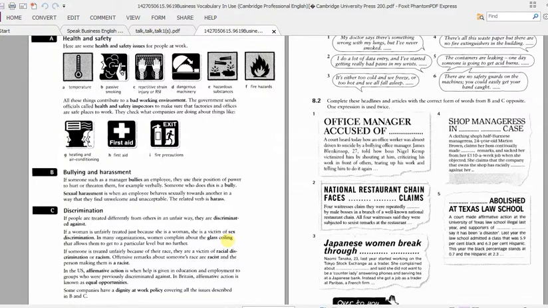For example, some of the companies don't allow women to be their manager. That is what you call glass ceiling. So that is for level 6.